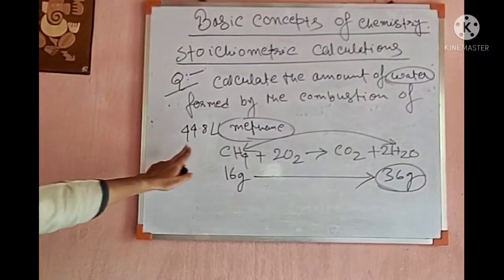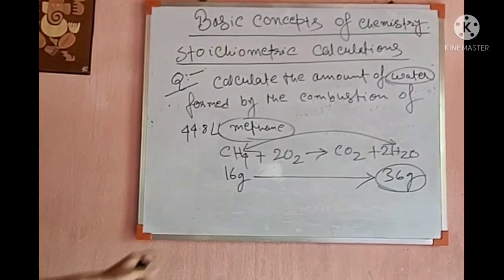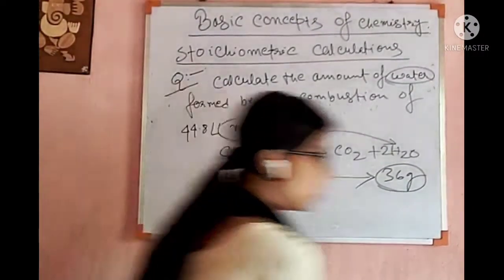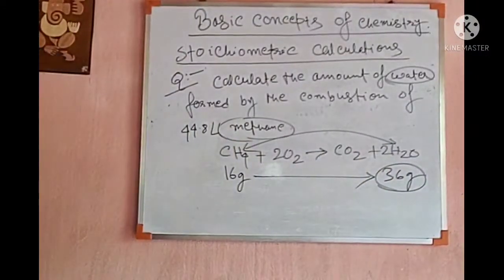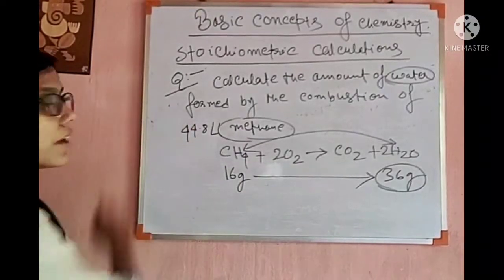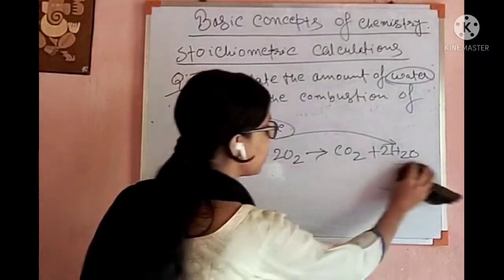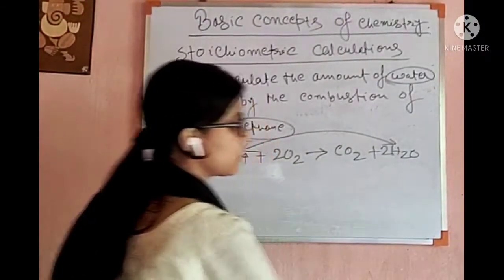Now if it is given with respect to volume, then we will apply the third method, that is with respect to volume. Which method you will apply depends on the unit that is given in the question.